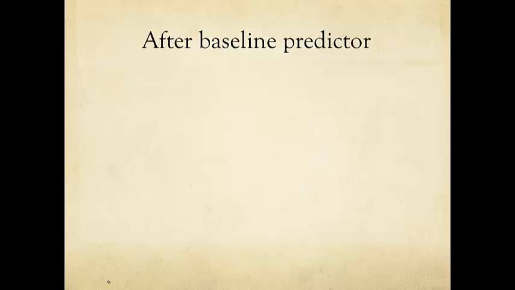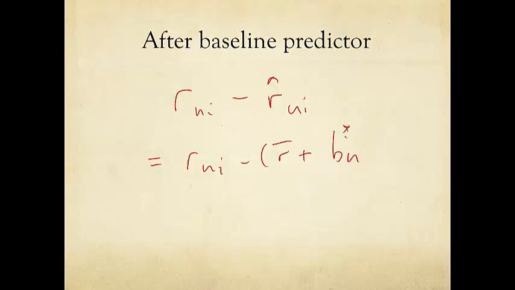Right. So after the baseline predictor, what we have is the following. We got the actual RUI. We got the baseline predictor R hat UI, which is the same as RUI minus R bar, the lazy average, plus the optimized BU and optimized BI based on solving the least squares.